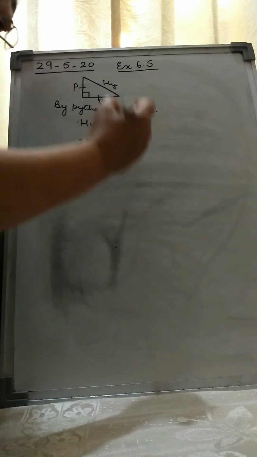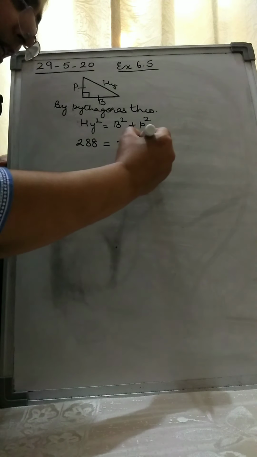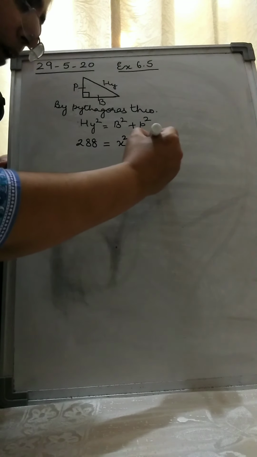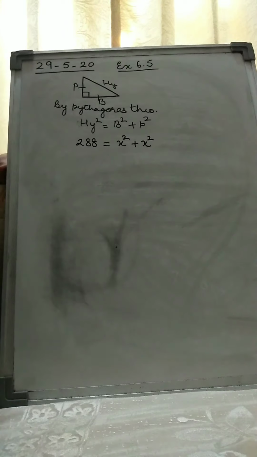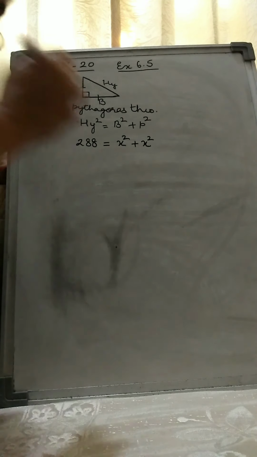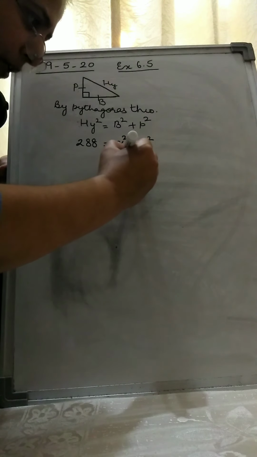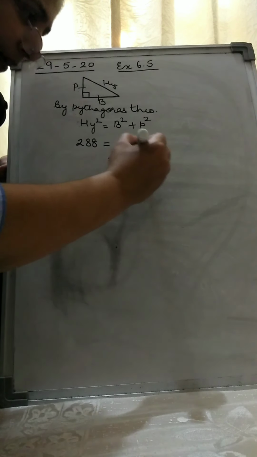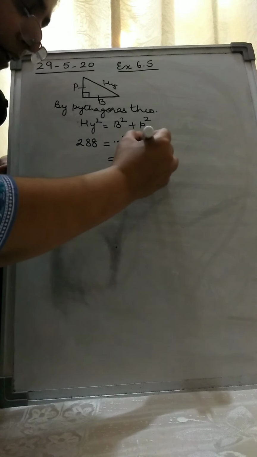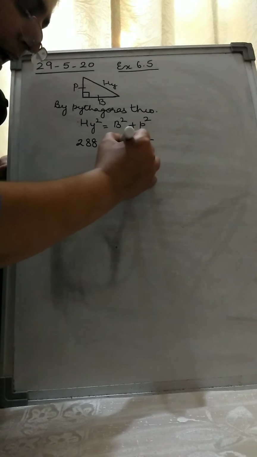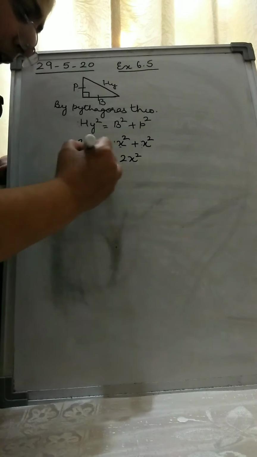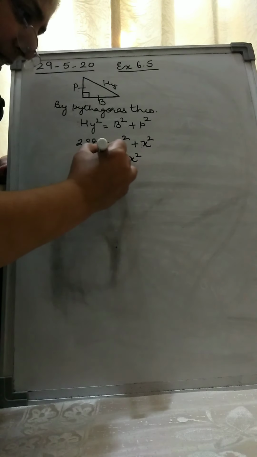This you don't know, so I will take them as x and this also as x. Both are the same, so I have taken the same variable for them. So this is going to be 2x square. 1 and 1, 1 plus 1, 2, and this is the variable x square, so it will remain as it is.